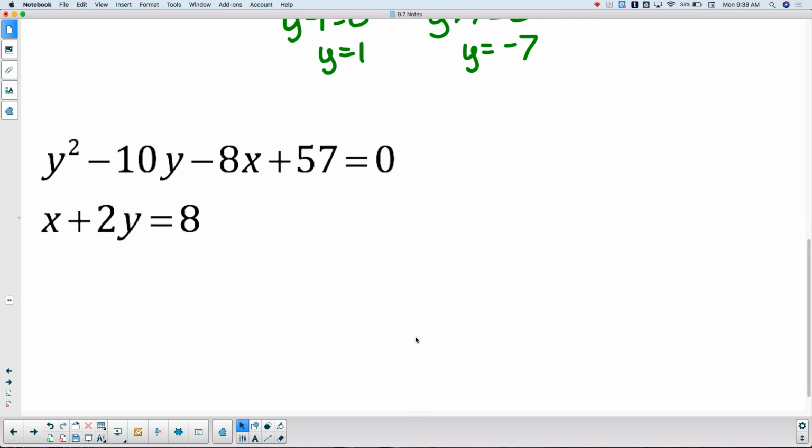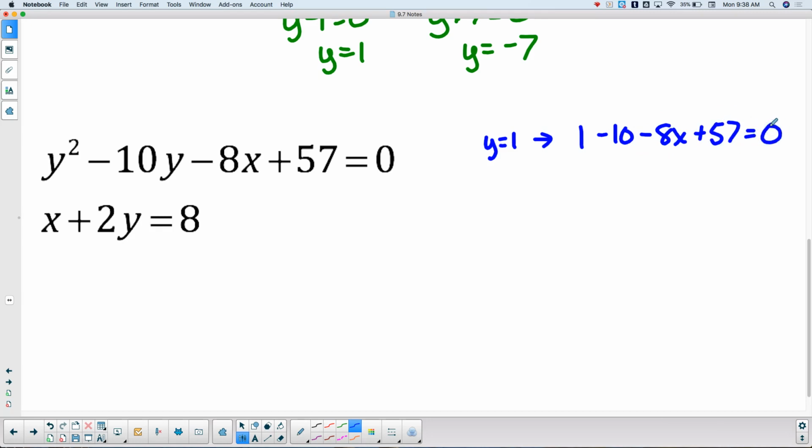Okay. So if y equals 1, then I get 1 minus 10 minus 8x plus 57 equals 0. Yes? Yes. Which is negative 9 plus 57 is 48 equals 8x.